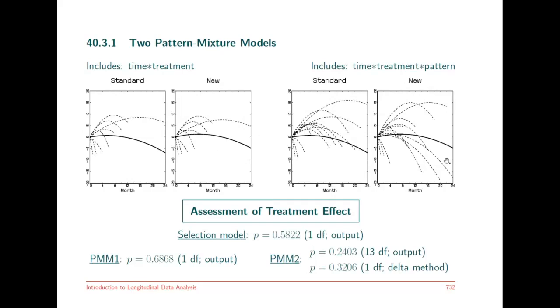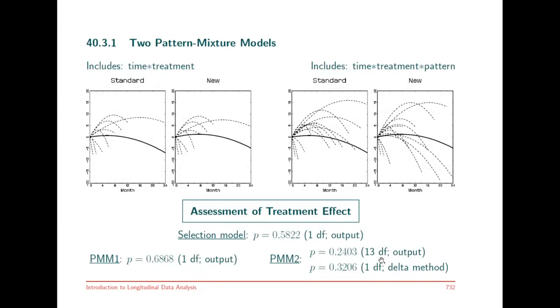But all the profiles, and it's even clearer in a more elaborate model, are going towards dropout once a disfavorable trend starts. We can build a pattern mixture model in many ways. We can build them such that there is still one single treatment parameter, but it's not uncommon in a pattern mixture model to have a treatment effect in every one of the patterns separately.